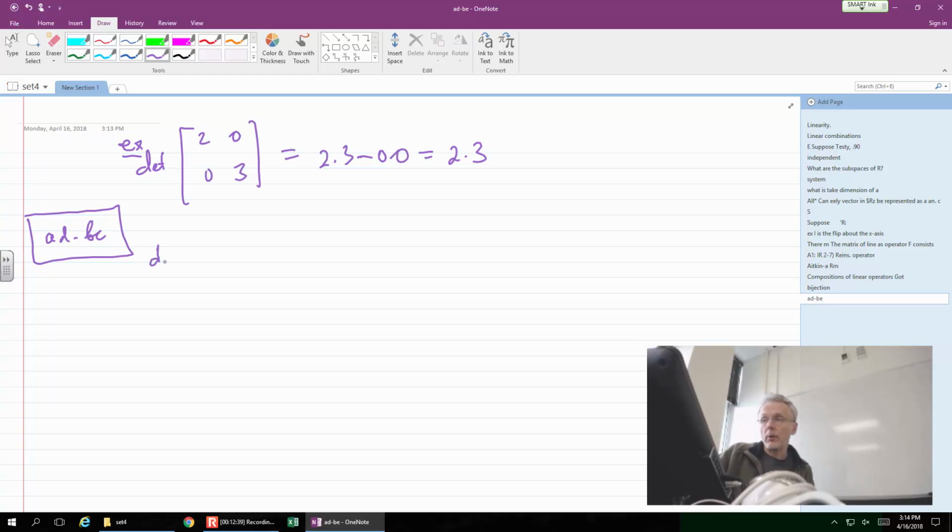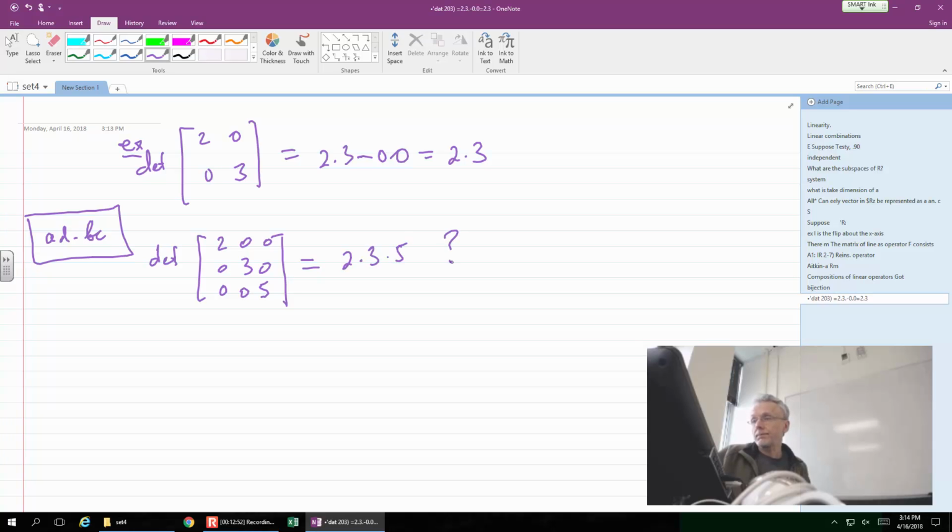So, for example, we would probably expect to have something like this. If I have a 3 by 3 matrix this time, it should give me 2 times 3 times 5. A diagonal matrix is very simple, and it is clearly what it does.